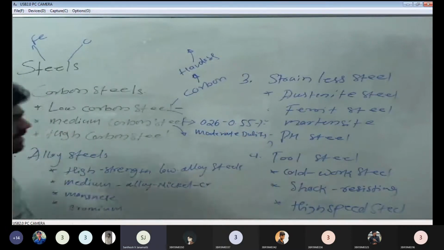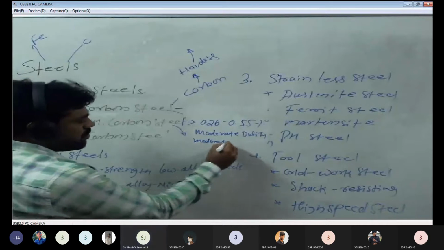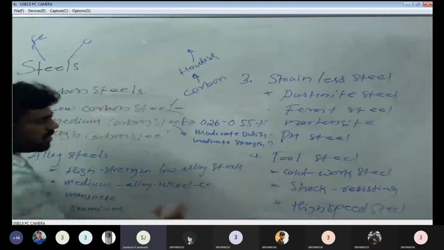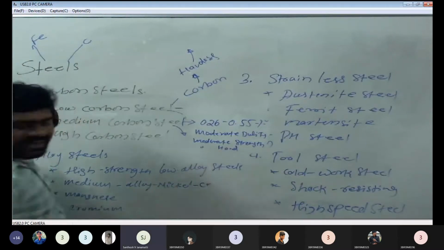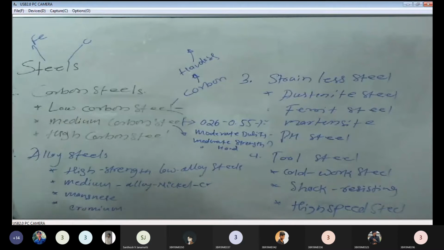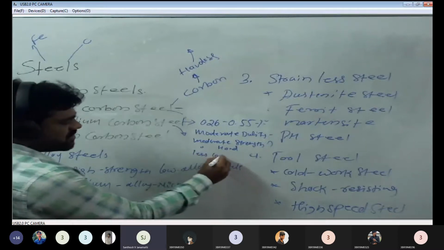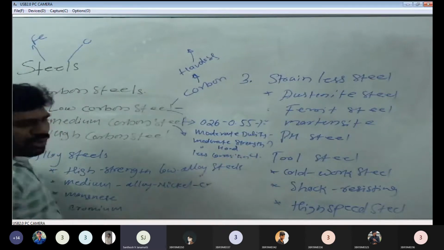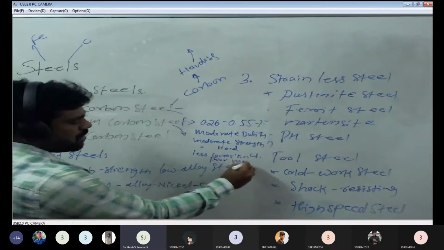Moderate, medium ductility, and moderate strength. Moderate strength means medium strength. Moderately hard also. Less corrosion resistance. Poor machinability.